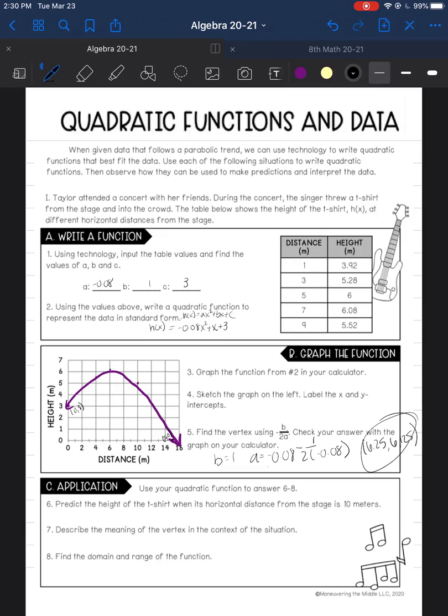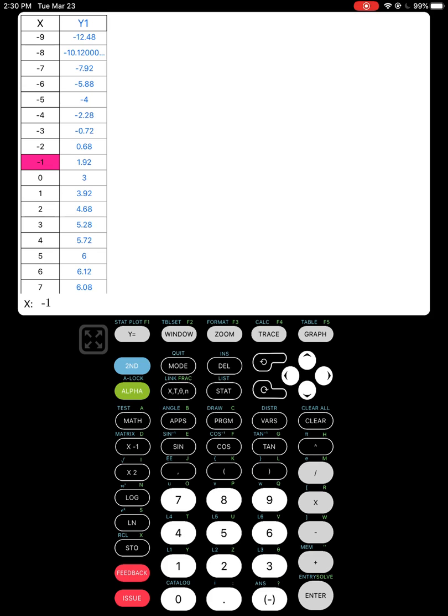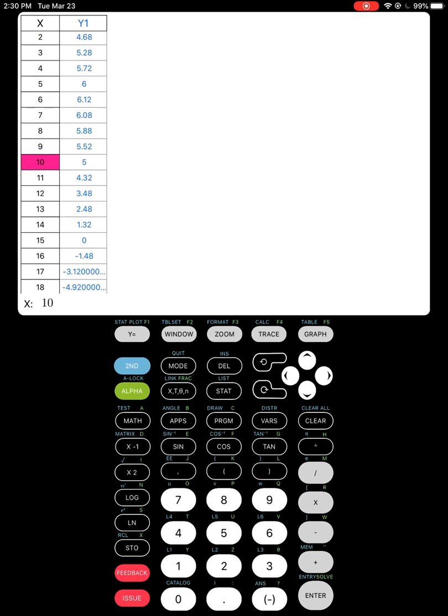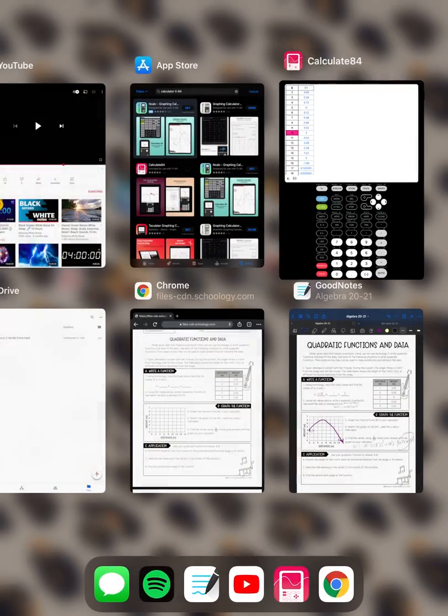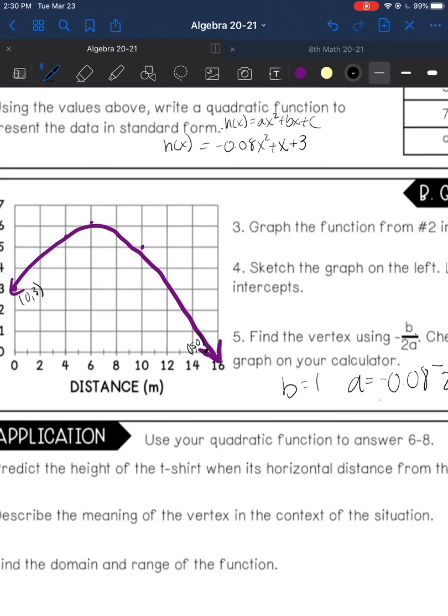At 10, you can either look at your table, second graph, and look at 10, or you can calculate it like we did to calculate the y value for our vertex, but at 10, we have a point of 5. So if x is 10, then my y is 5, so that's 5 meters.